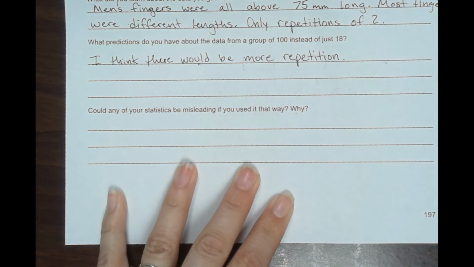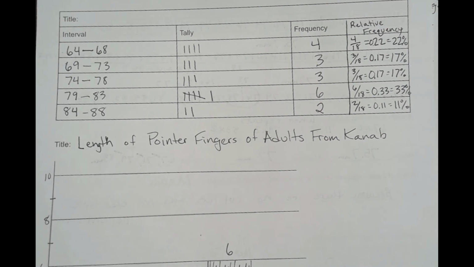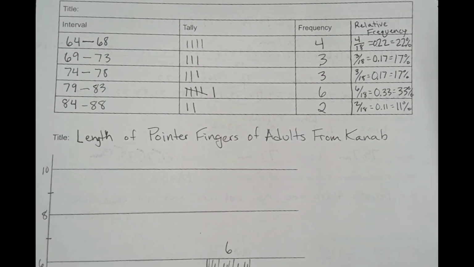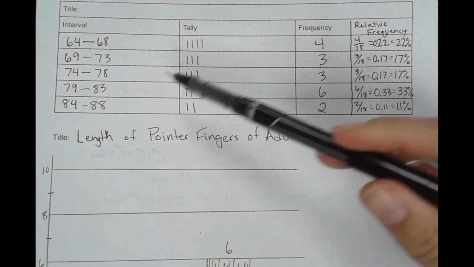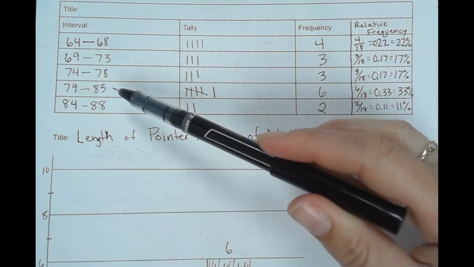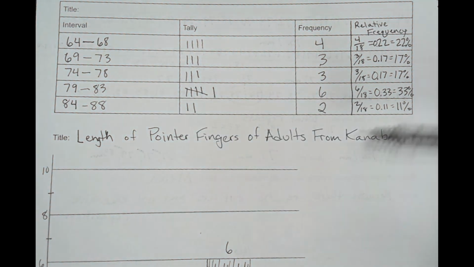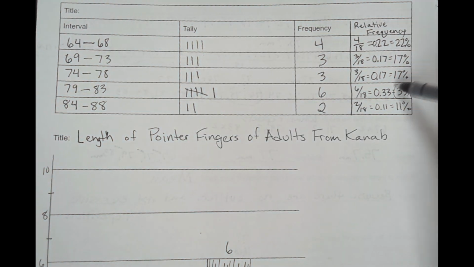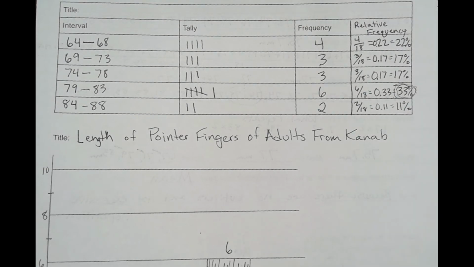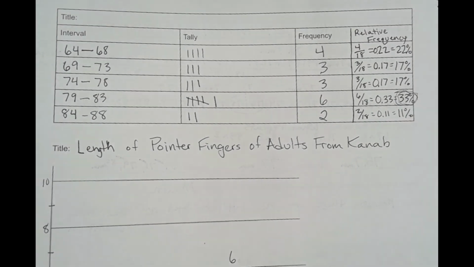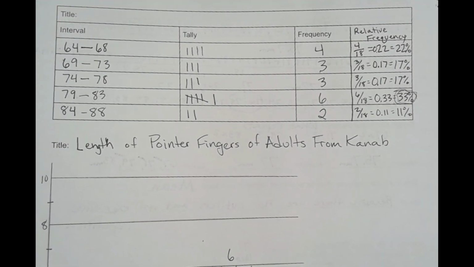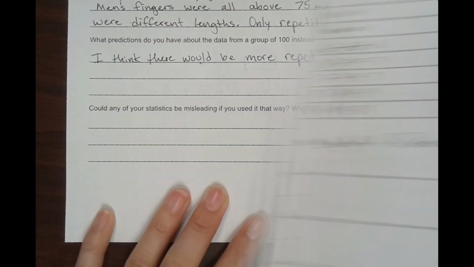Okay, another thing I could possibly say, to back this up, remember our relative frequency? We had a third, 6 out of 18 reduces to 1/3, or 33%, of our data was between 79 and 83. So based on that, if 33% was between that space, I'm kind of guessing that we'd have at least about a third that are that length out of the 100.